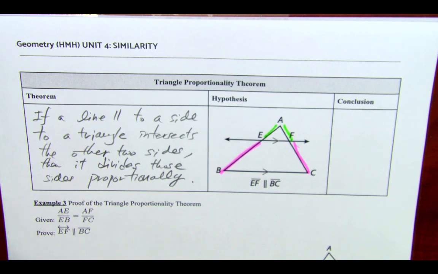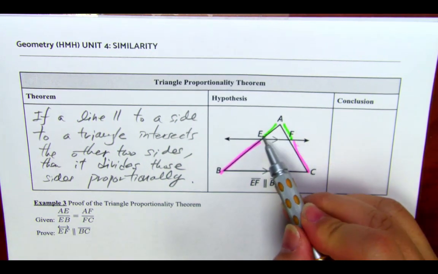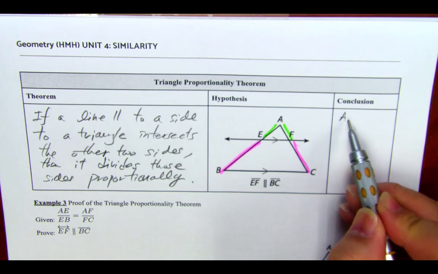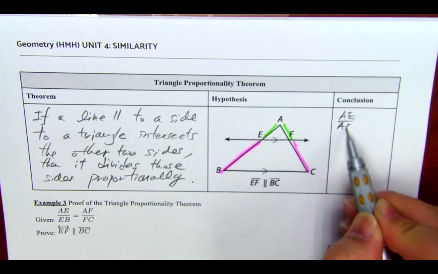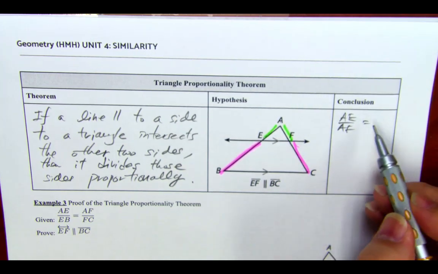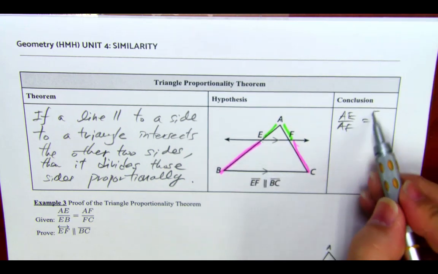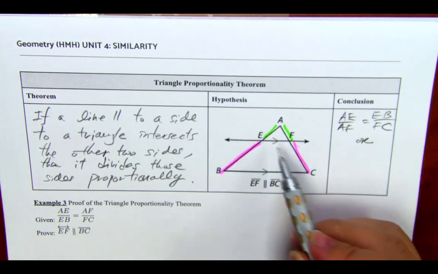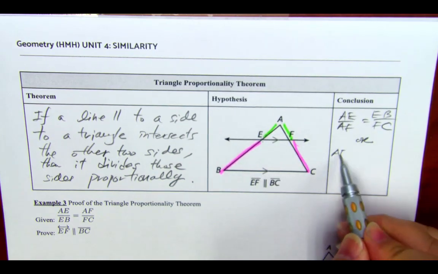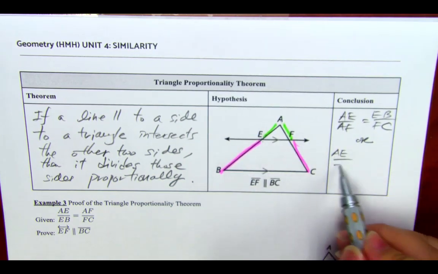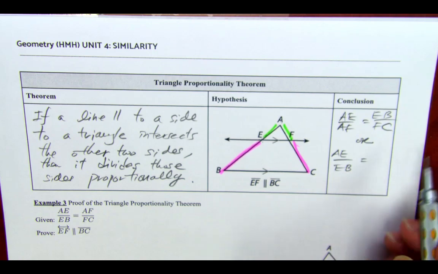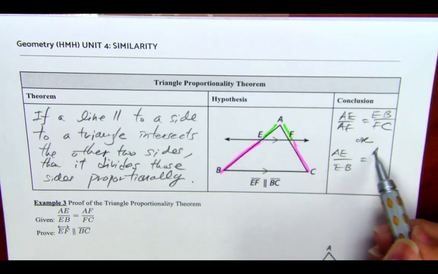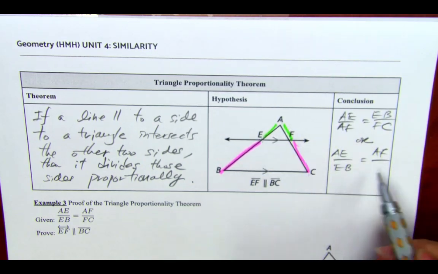Okay, so that could be AE to AF is equal to EB to FC, or you could say AE over EB is equal to AF over FC.